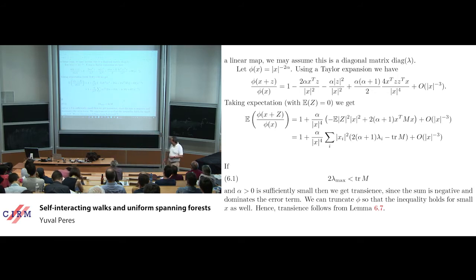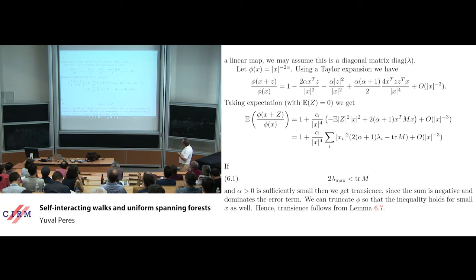So when you do the Taylor expansion, we look at the ratio of phi before and after the move, take expectation, and what we get, so there's some error which is negligible, and this whole expression turns out to be quadratic, because you have xi squared here and x to the 4th here.